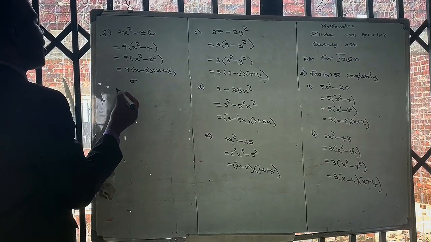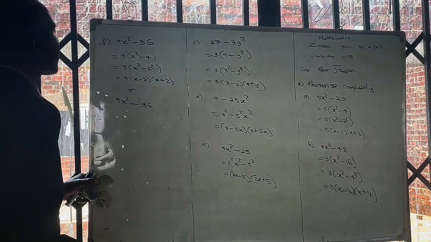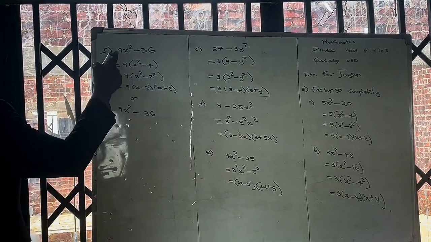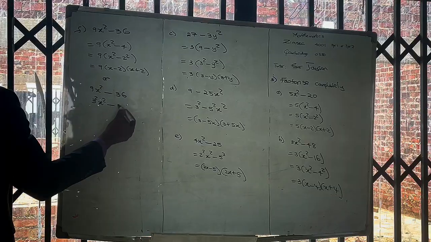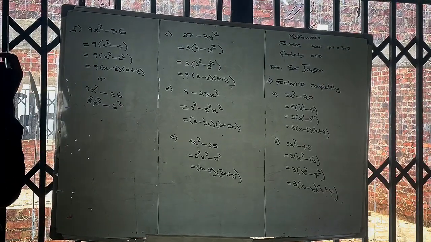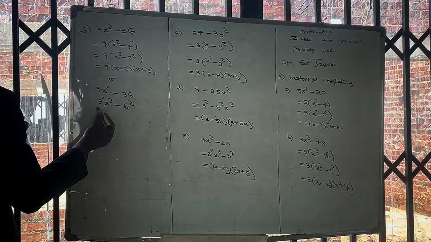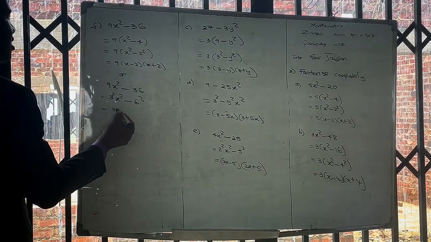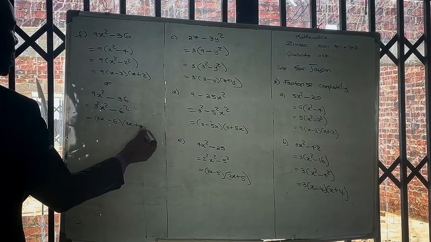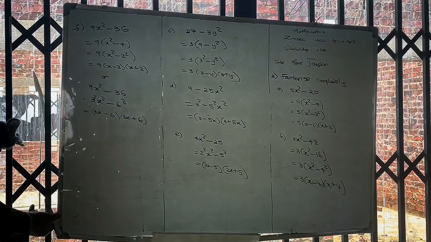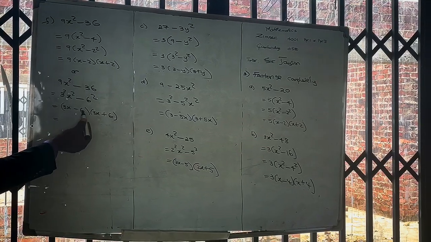Then some, however, do it this way. They will say 9 is 3 squared, x squared, then they will have 6 squared here. But this method will be a problem. Then they will have 3x minus 6 bracket, 3x plus 6. This has not been factorized completely because 3 is a factor of 6.